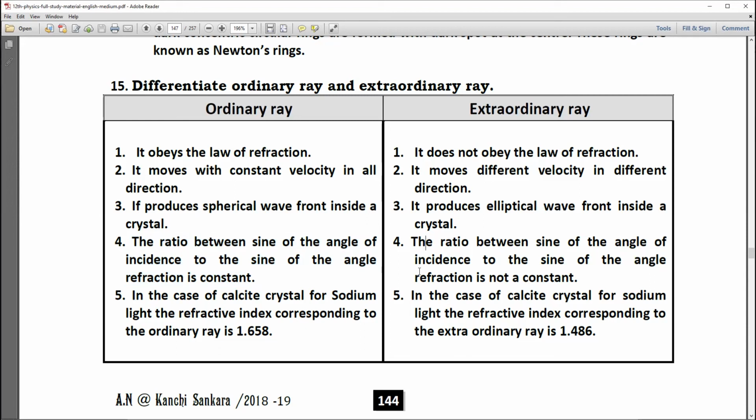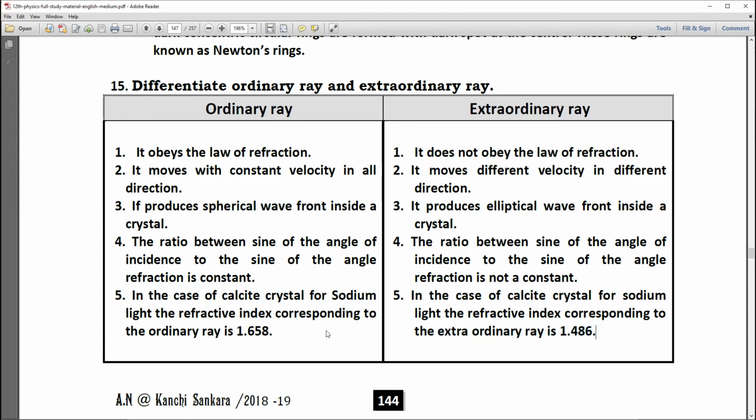Here the refractive index of the extraordinary ray is not a constant. And you note that for the calcite crystal, considering sodium light, the ordinary ray is 1.658 and the extraordinary ray is 1.486. This I already told in the discussion of the Nicol prism.